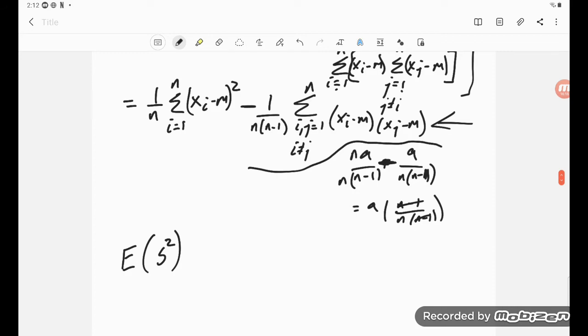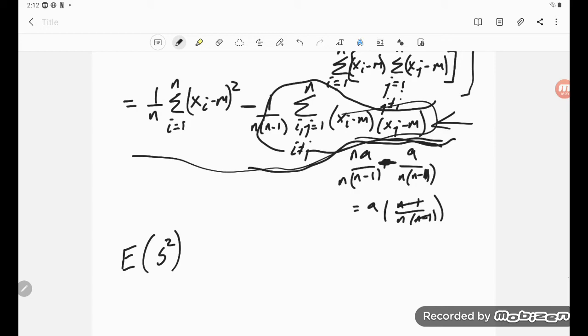Expected value of s squared. So we want to look at the expected value of this thing up here. And they mention the independence. So this part up here is the covariance stuff. And for independence, we have shown earlier that you get 0 when we look at an expected value here.